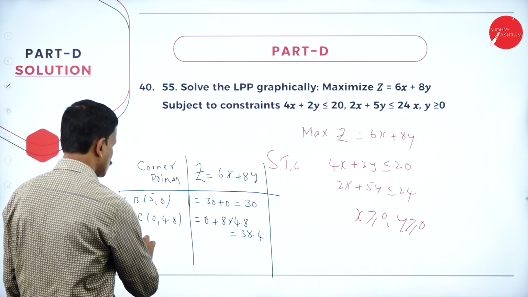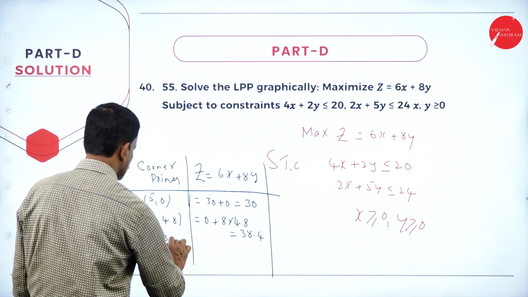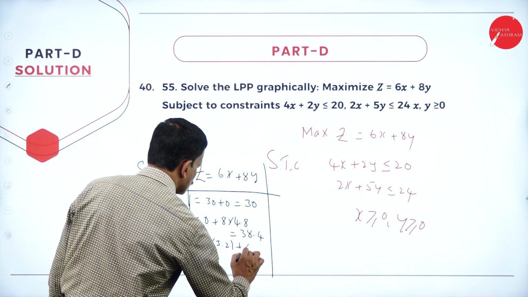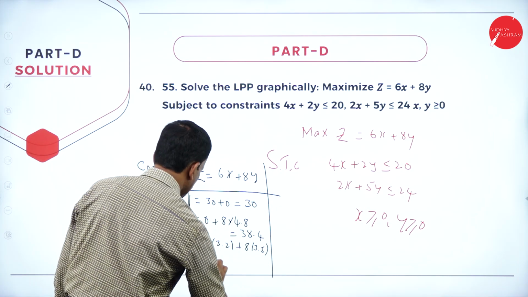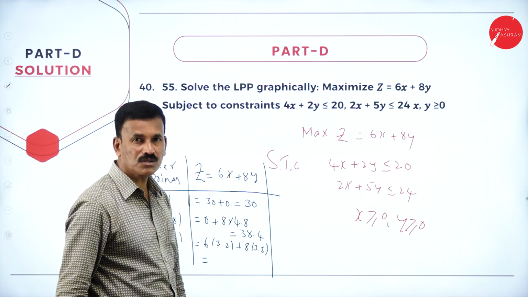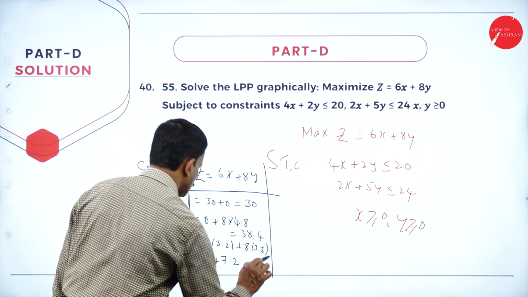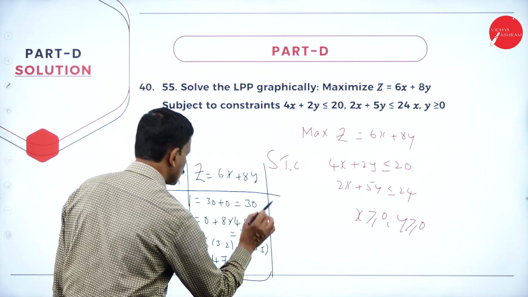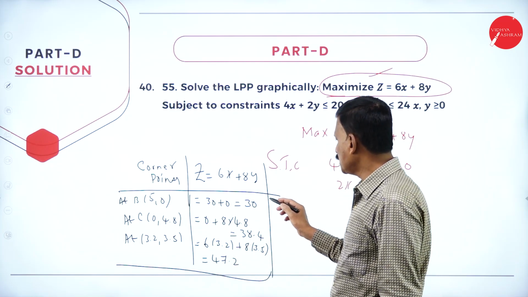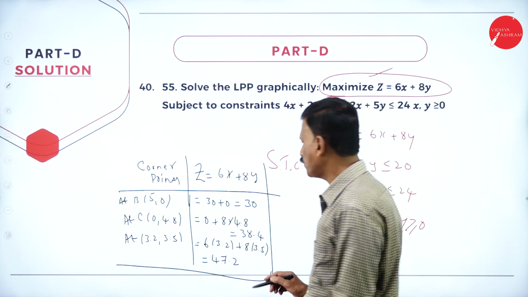Next, the last point, at 3.2 comma 3.5. So 6 into 3.2 plus 8 into 3.5. What is this equal to? If you simplify, this is equal to 47.2. What is to find? The maximum value. Which is the maximum value among 38.4 and 47.2?